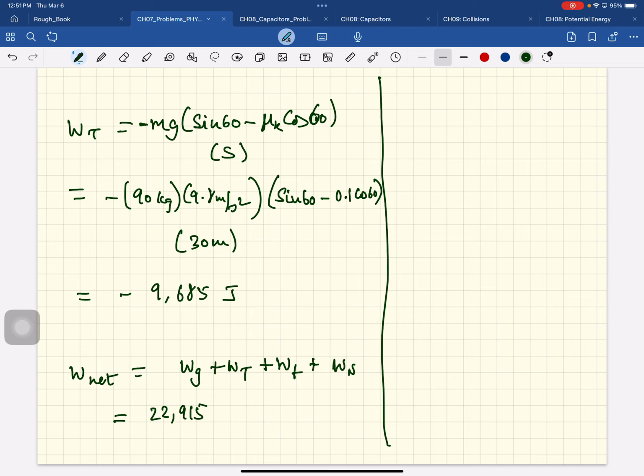Work done by tension is negative 9,685. I don't know, did I do a calculation wrong?